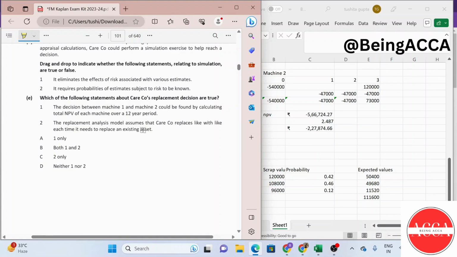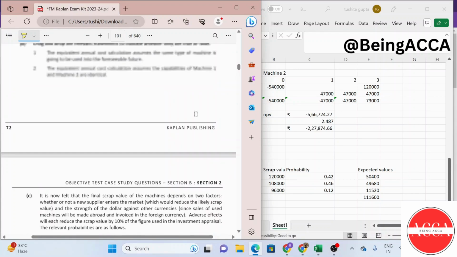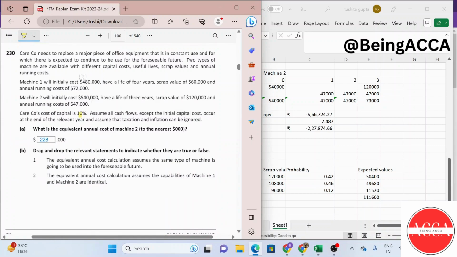Let's read the statements. The decision between machine 1 and machine 2 could be found by calculating the total NPV of each machine over a 12-year period. Now let's find out. For machine 1 it will be 4 years and machine 2 has a life of 3 years. So that means it is not a like with like comparison, because for machine 1 we will be considering 4 years and for machine 2 we will be considering 3 years.